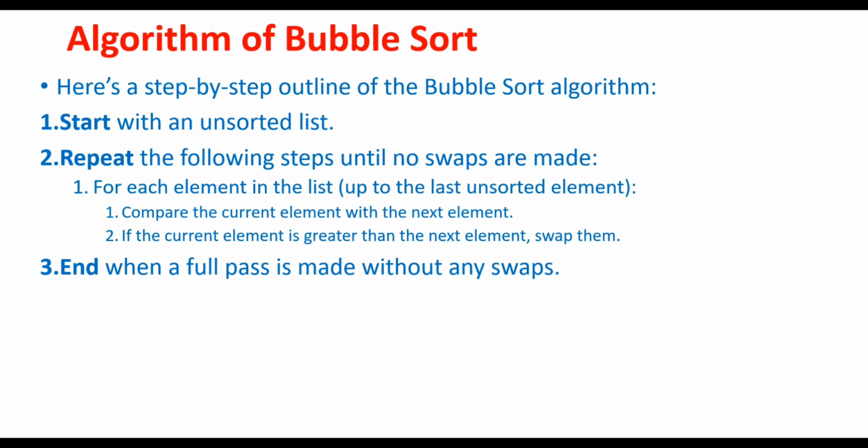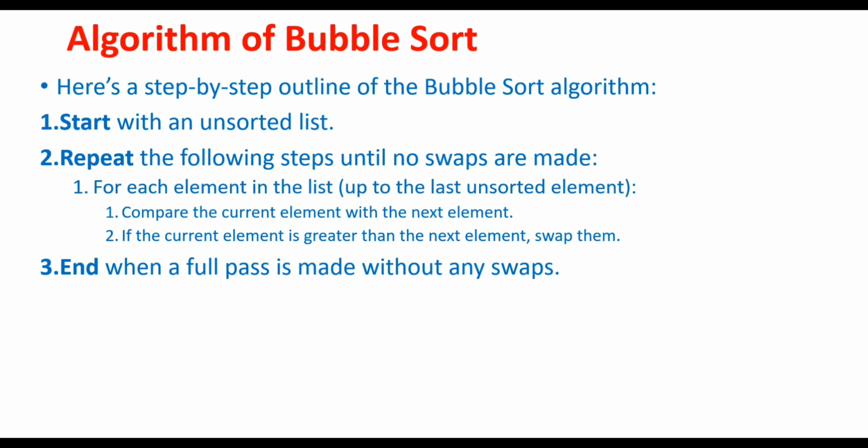If the first element is greater than the second, swap them. Move to the next pair of adjacent elements, repeat the comparison and swap if necessary. Continue this process until you reach the end of the array or list.